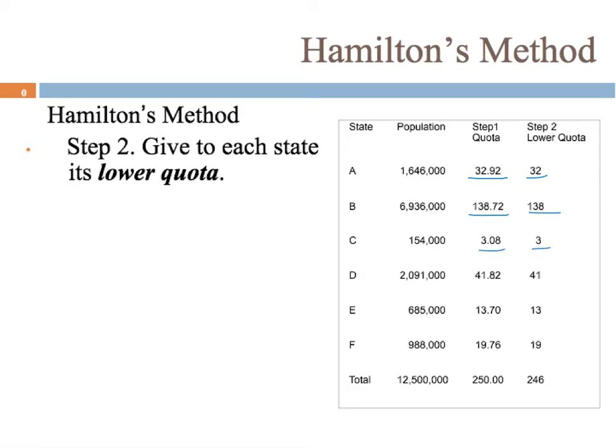And we do this for all of them. In the end, when you add up all the whole numbers after rounding everything down, it comes out to be only 246 seats. Now, there are 250 available in the problem, so what that means is that we have 4 surplus seats. So 4 extra seats that can be handed out.